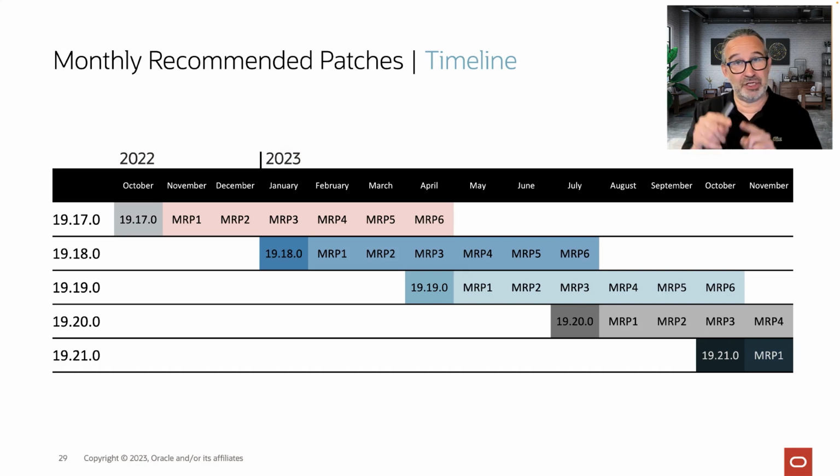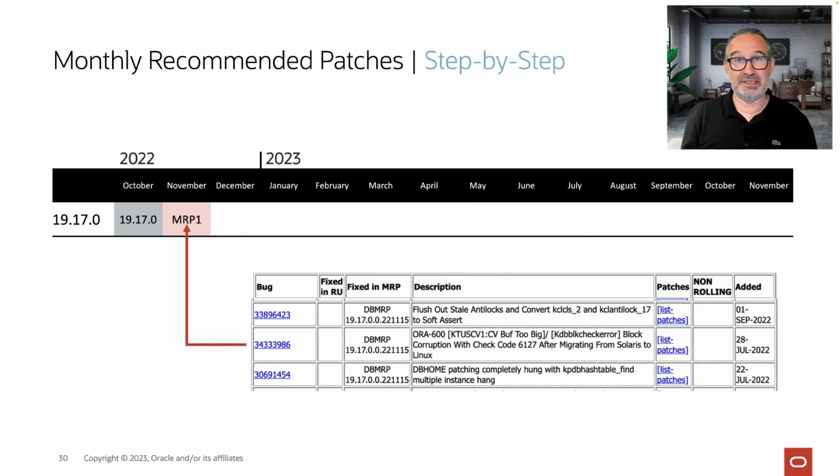And they are not interchangeable. On top of a specific release update. And the idea is, it's a convenience thing. You don't have to. But as a convenience, we offer that you can get the most important fixes on top without downloading fix after fix as a one-off from MOS 555.1 and another note. This is the idea.